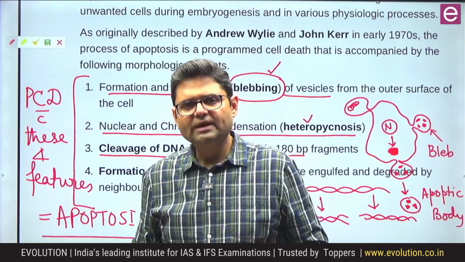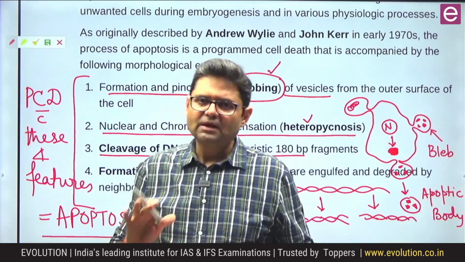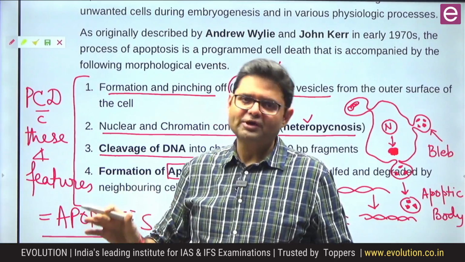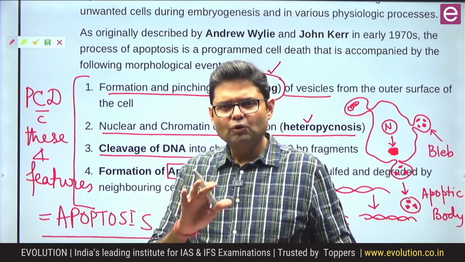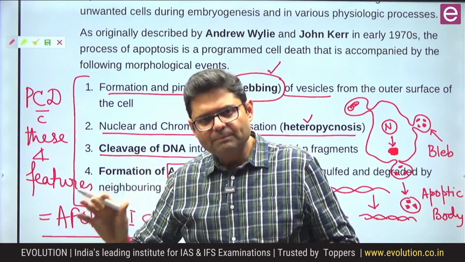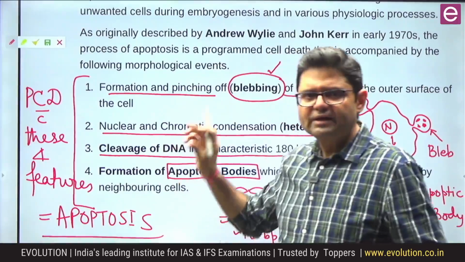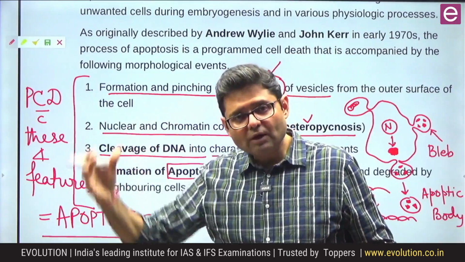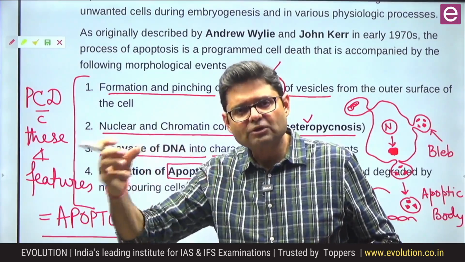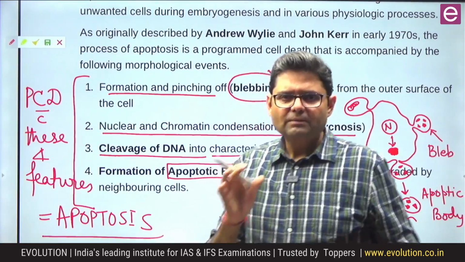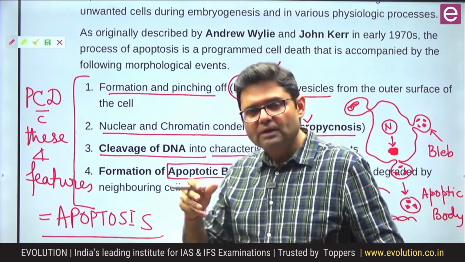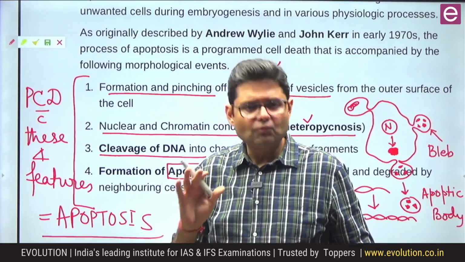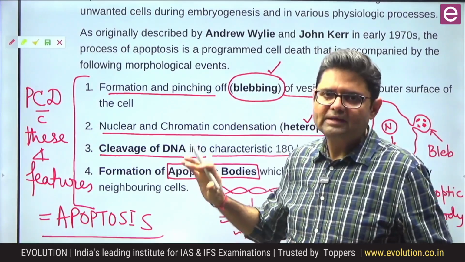In the plants also, programmed cellular death does happen. But the plant PCD does not go through the apoptotic pathway. The plant PCD goes through the death process, but not by shrinking of the nucleus or forming of outside blebs, because in plants, the cell wall constrains the formation of outside blebs. In plants, the enzymes present in the vacuole break down the internal cellular content, but the plants would not be showing apoptotic bodies, blebs, and all that.